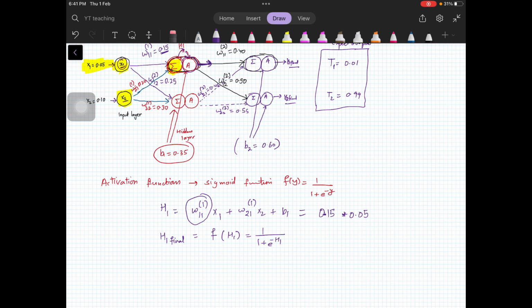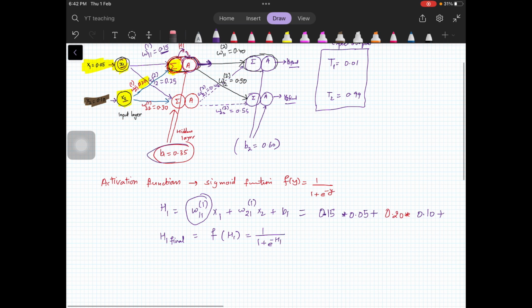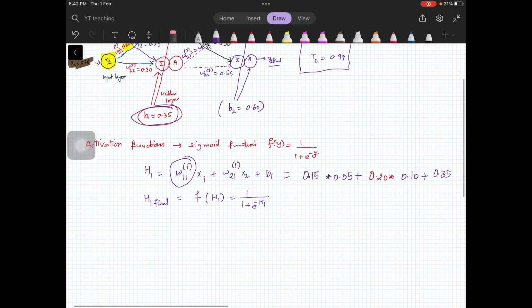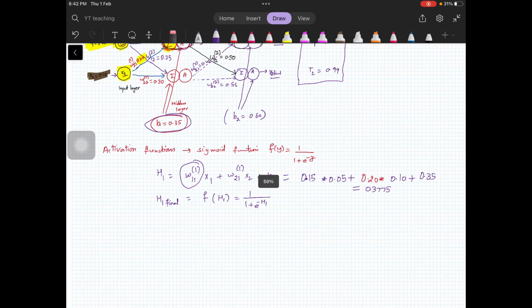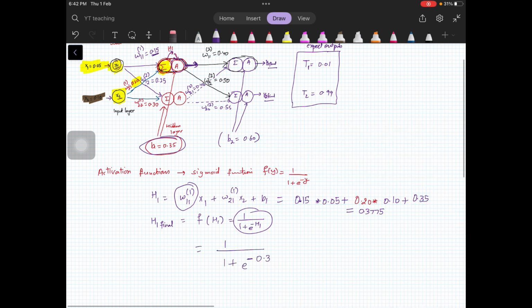Then you have your second weight, which is 0.20, and your x2 value, which is 0.10. You put it here, and then you have your bias term, which is 0.35. So you get the value of h1 as 0.3775. So h1 final would be f of this h1, that is 1 over 1 plus e raised to power minus 0.3775.